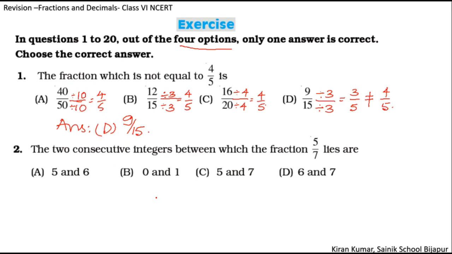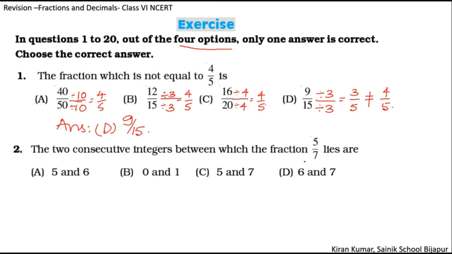Question 2. The two consecutive integers between which the fraction 5 by 7 lies are: option A 5 and 6, option B 0 and 1, option C 5 and 7, option D 6 and 7.